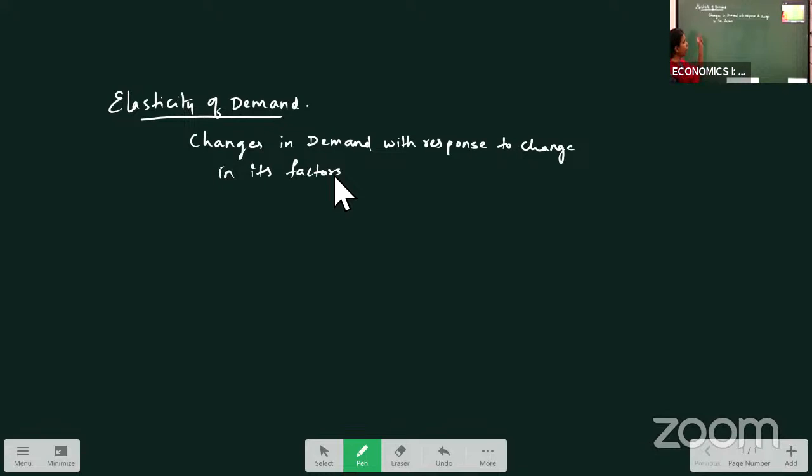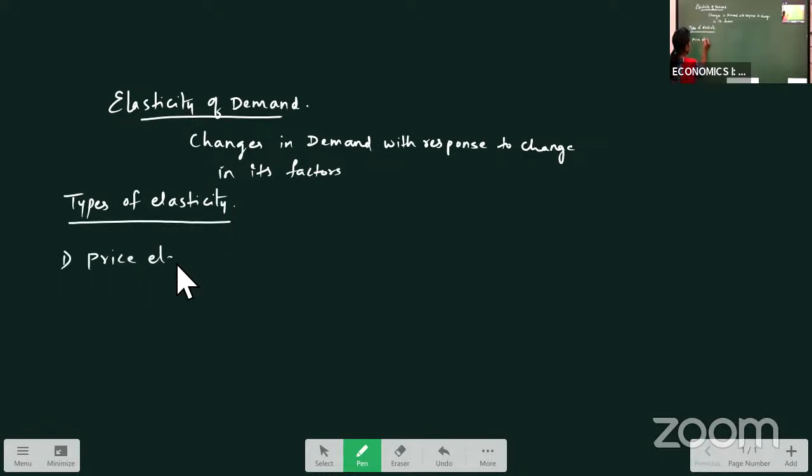Now in this elasticity, we have different types of elasticity. First one, price elasticity of demand. Price elasticity of demand is what here?